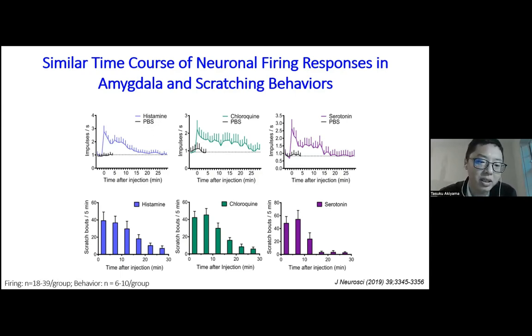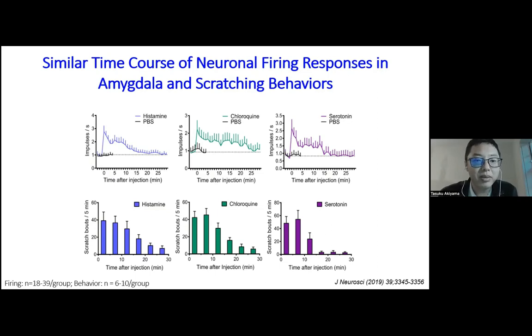And then one of the things I'm surprised about is the firing time course. My postdoctoral work was the spinal cord neuron unit recording after each chemical injection. But in that case, most of the units showed much shorter activity, even after the histamine or chloroquine injection.